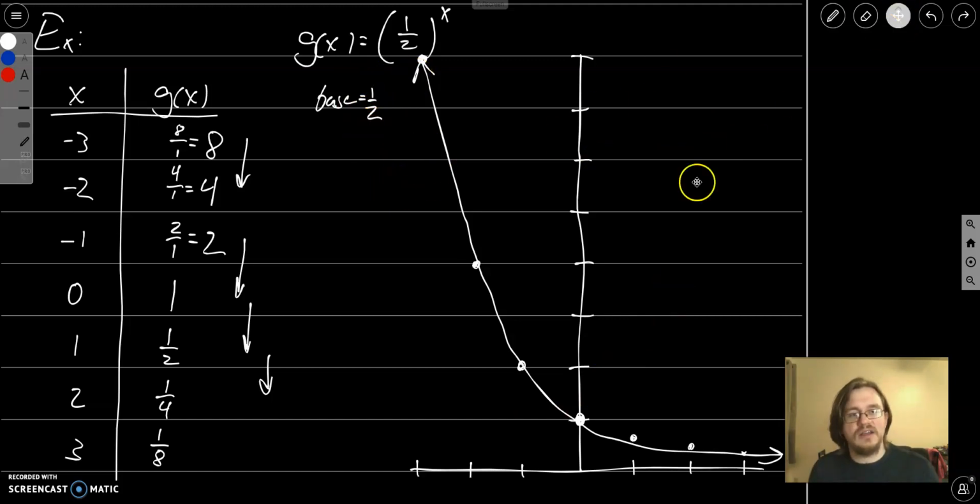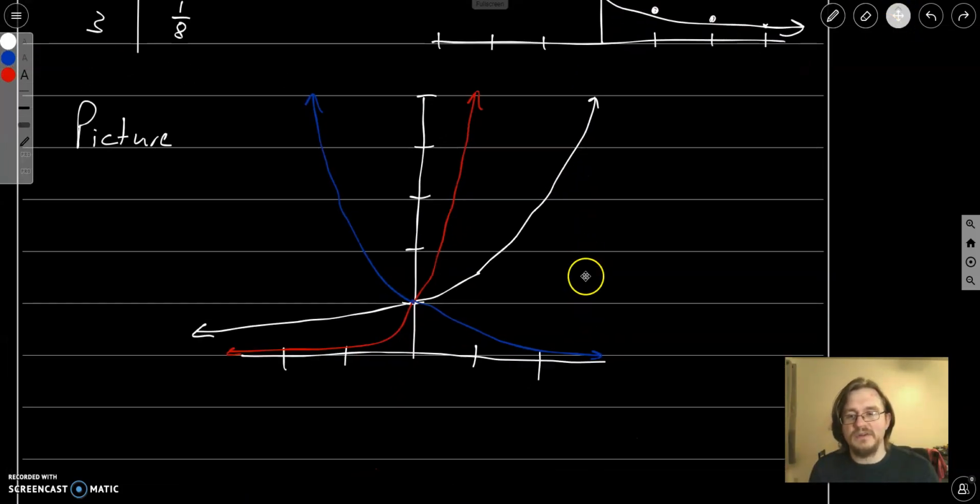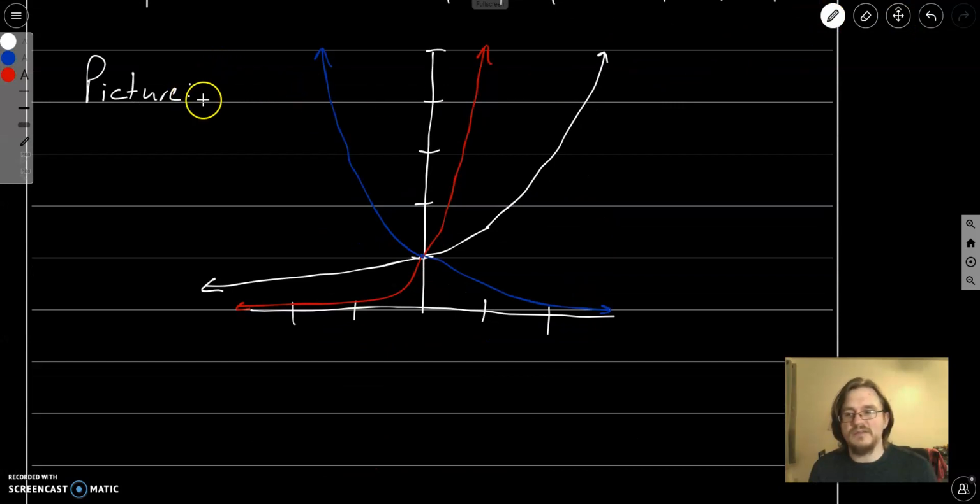So if we look at a few different exponential functions here, so for instance, here we've got this function which is going to be about 1/2 to the x power.